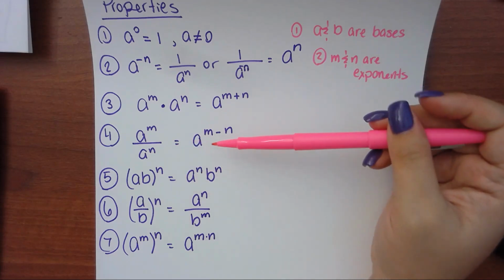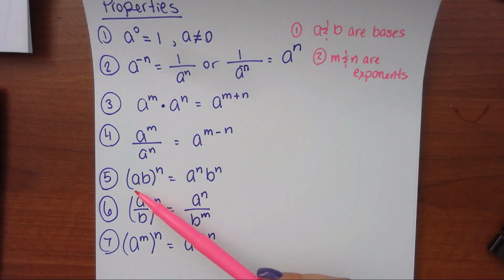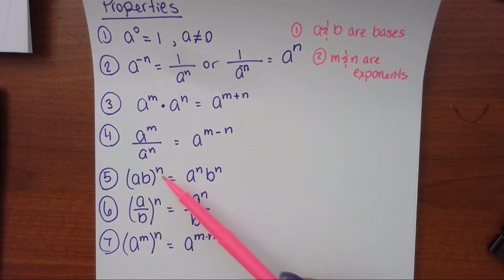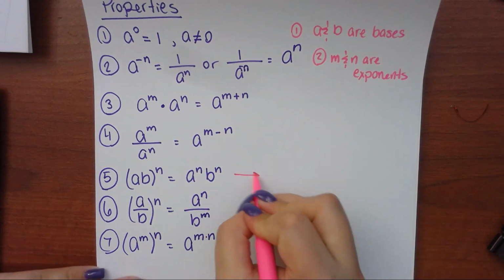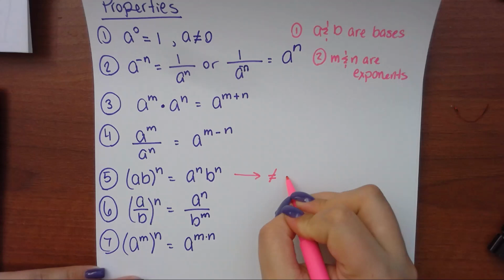Now look at this. If I have ab to the same exponent, that's the same thing. If we're multiplying a and b, not adding, multiplying a and b or dividing a and b, then we can distribute that exponent. That's the only time that you can do that. Please note that this is not the same thing as a, b to the nth power.